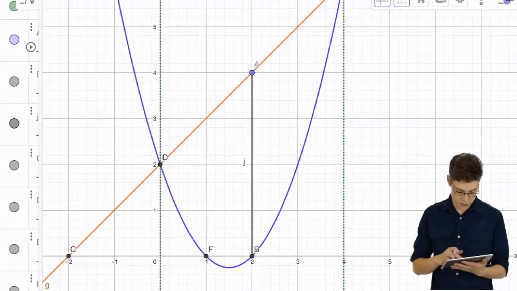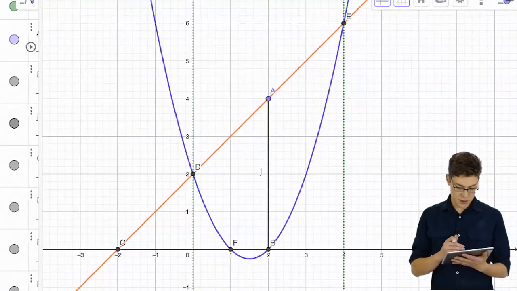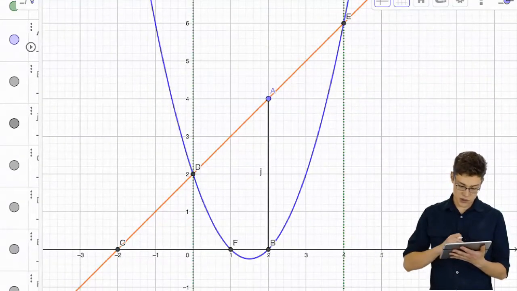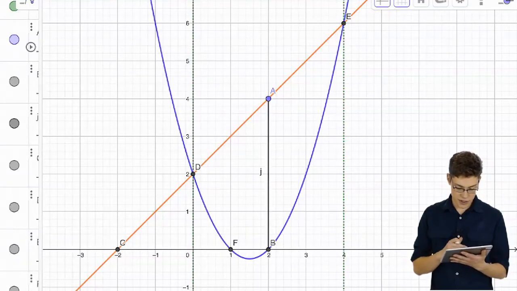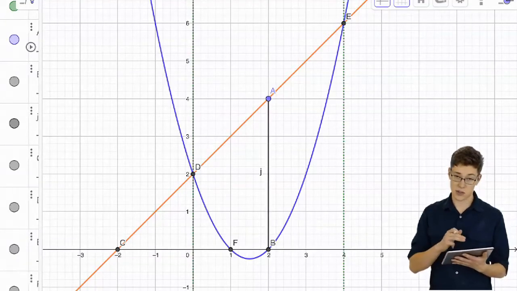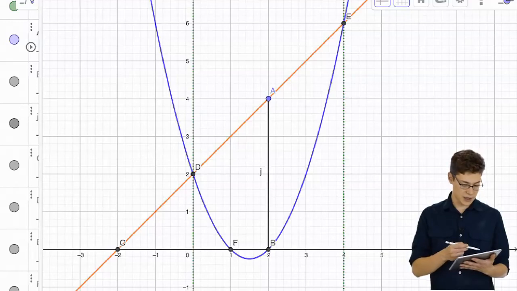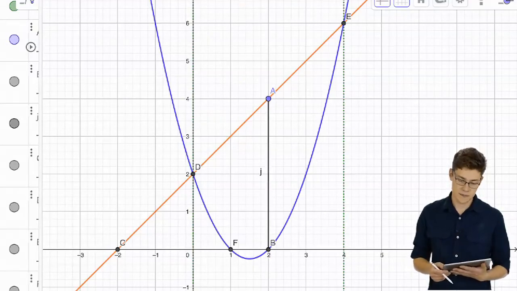And here's j, starting at a, going down to b. And that means that we're taking the y value of our straight line and subtracting the y value of our parabola.